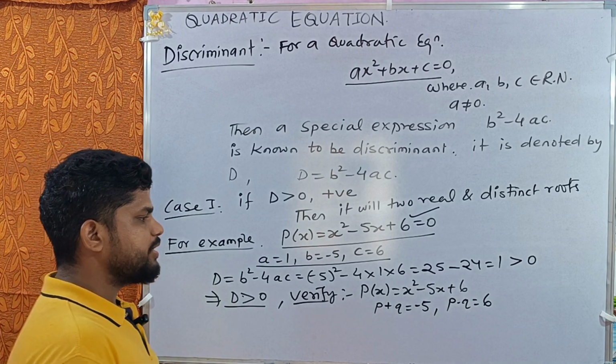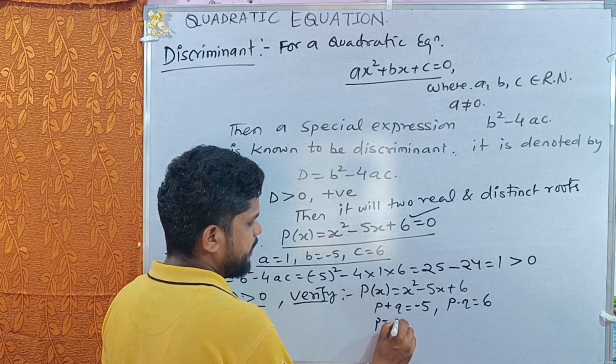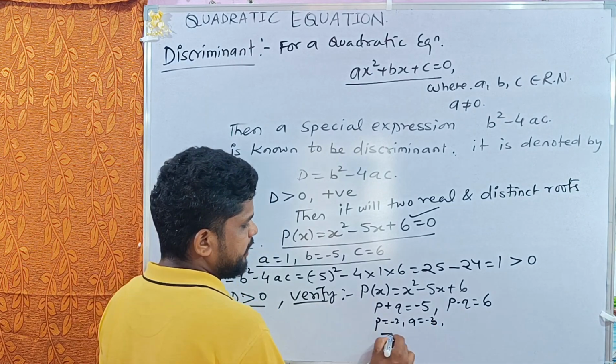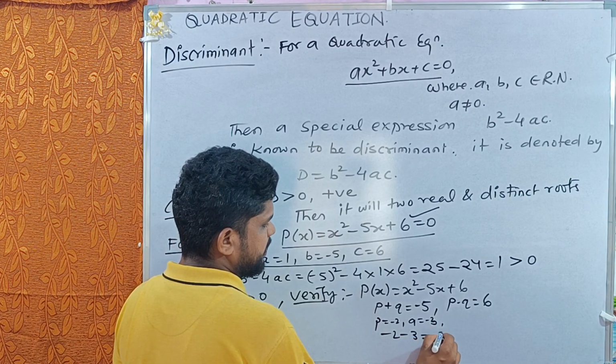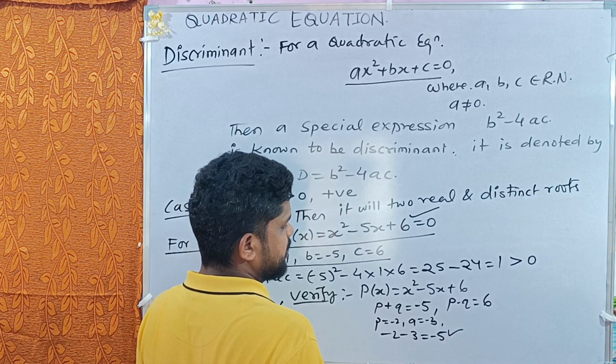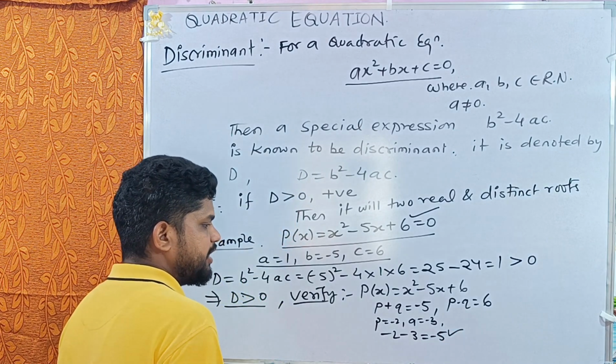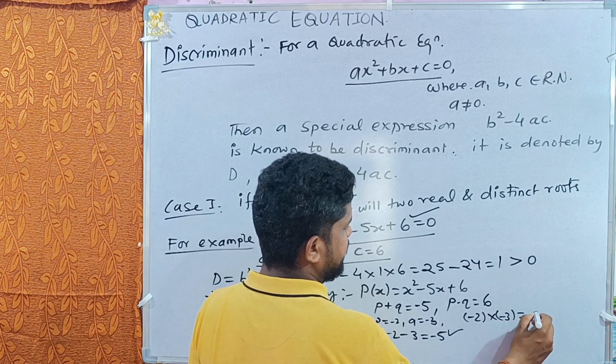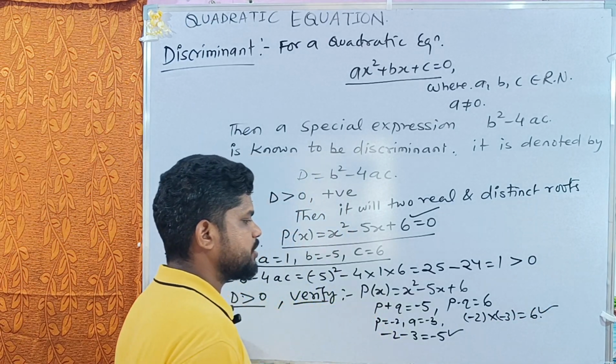If I take p is equal to minus 2 and q is equal to minus 3, I get minus 2 minus 3 is minus 5, so this is satisfied. Similarly, if I multiply minus 2 with minus 3, I get plus 6, so this is also satisfied.